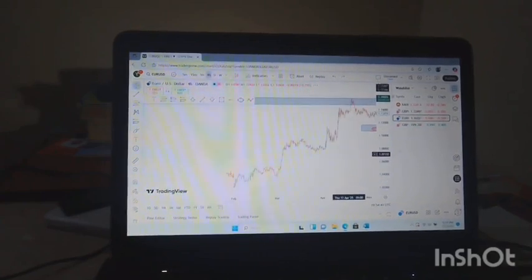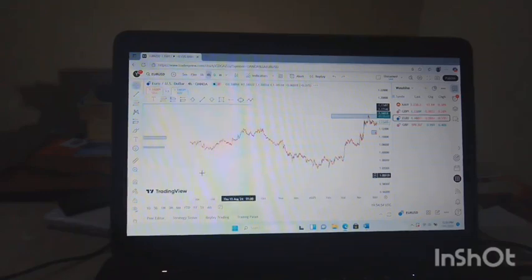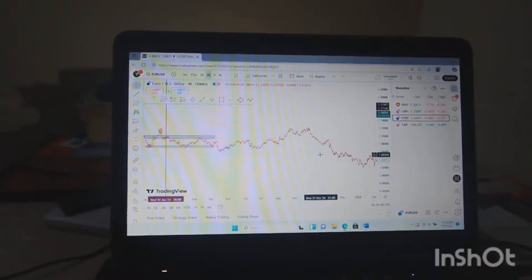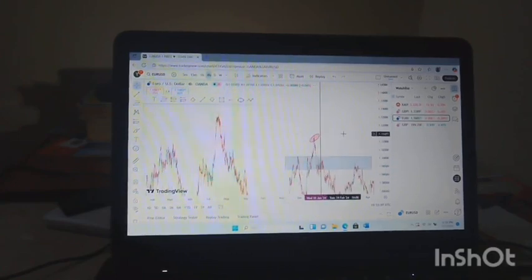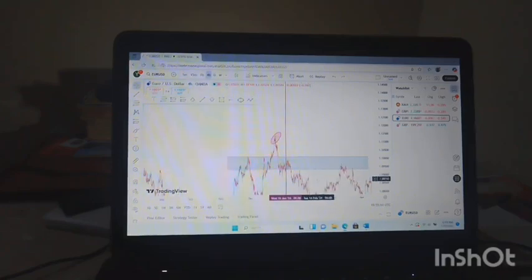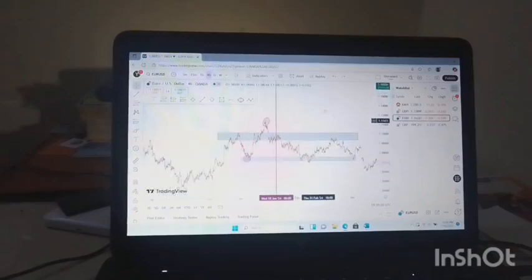But in a scenario whereby the market has already come to make a retest on the weekly time frame, and eventually gives us a breakout of our support level, that's a retest level, right? The market has failed to respect that level. So it's also a sign that the market is going to be changing its direction.